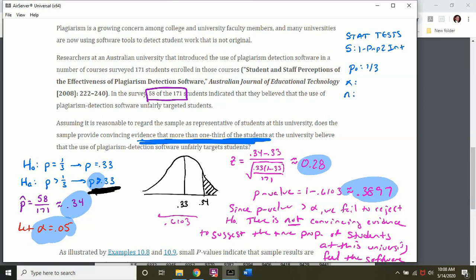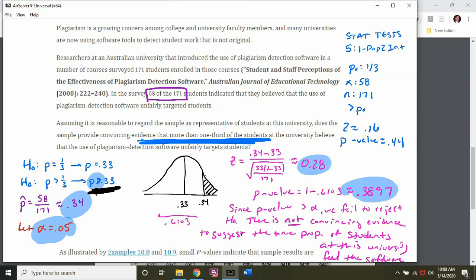X and N: X was 58 out of the 171 that thought it was unfair. In terms of our alternative hypothesis, again, we tested greater than P sub 0. Now I'll calculate, and I'm getting z to be about 0.16 and a p-value below that of 0.44.